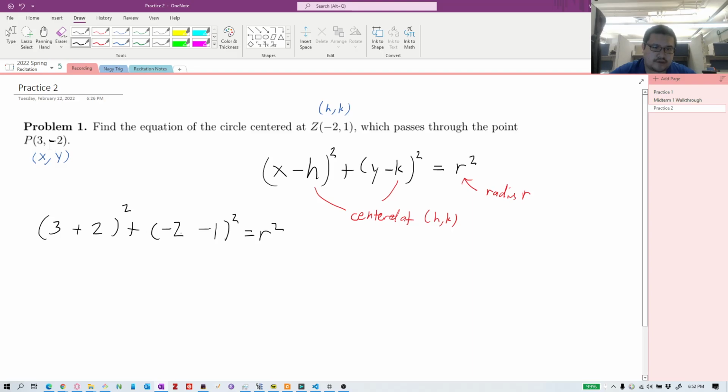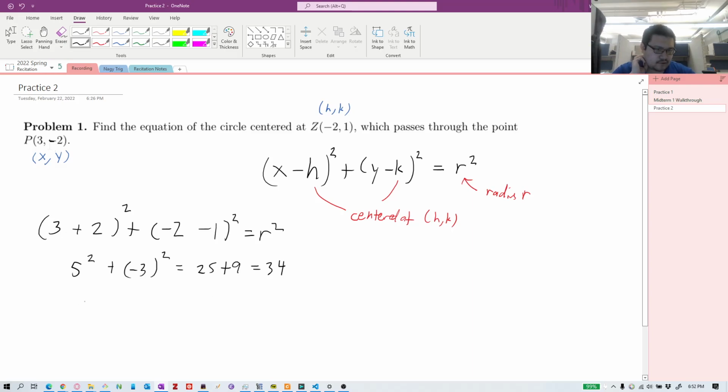Okay, and this will let me solve for my r. Okay, so 5 squared plus -3 quantity squared. So we get 25 plus 9, that's going to be 34. So my r squared is 34.